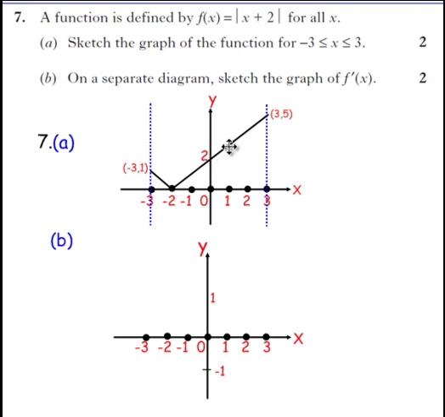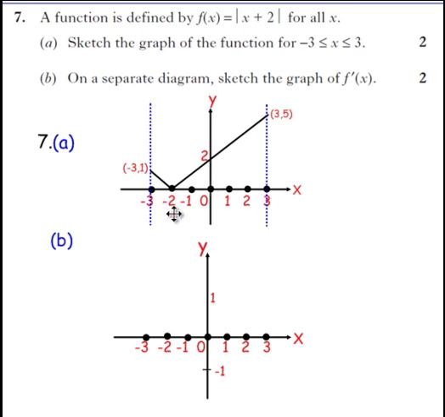After that, from -2 up to 3, the gradient of this line is 1. So f dash x is constantly 1 for values between -2 and +3.